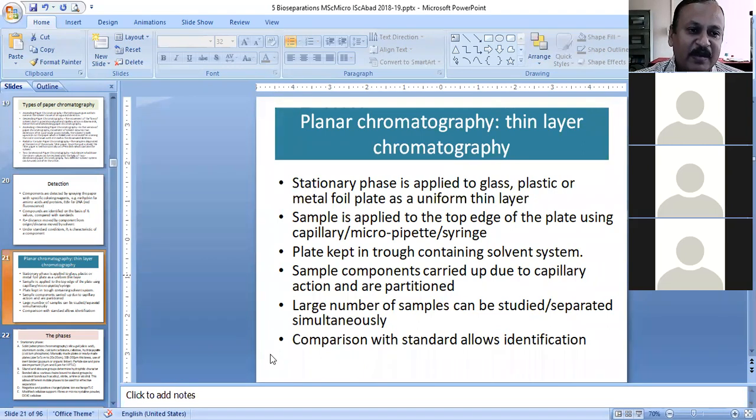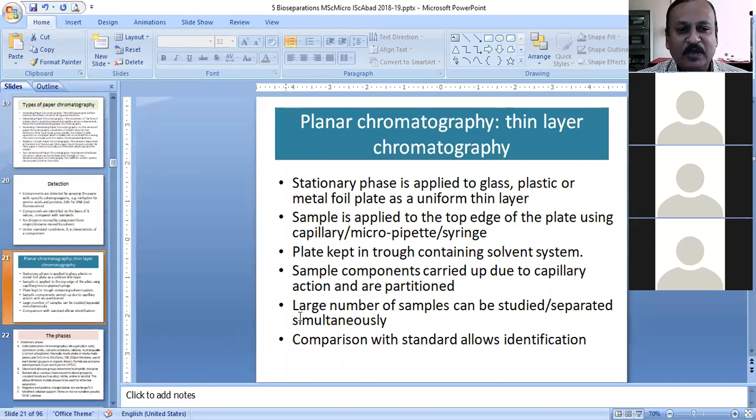If we are running the standards along with the samples, then it allows us to compare our sample components with the known standards, and we get some idea about what the sample components could be.